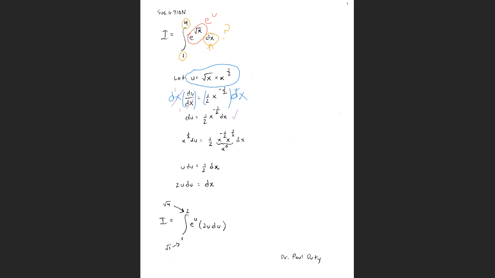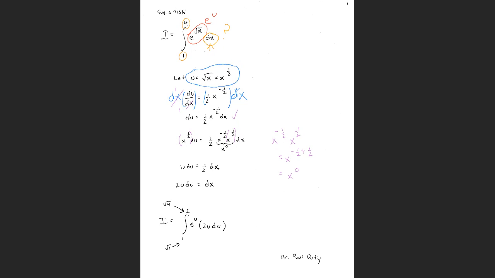But we want to get the dx by itself, right? So what I have to do is multiply both sides of the equation by x to the half power. Now, why is that? Because on the right side, if you have x to the negative half times x to the positive half, that'll equal x to the negative half plus half power.